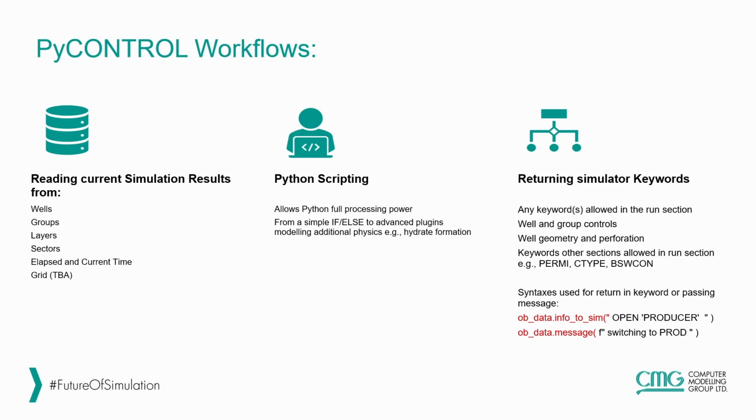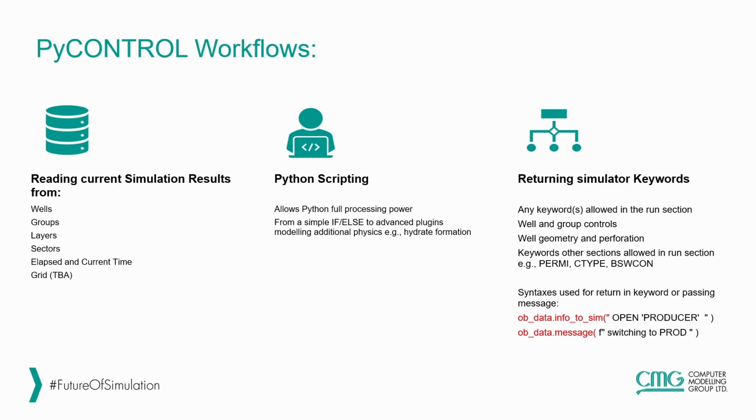After that processing, the code has to return some simulator keywords. Depending on which simulator you use, there's a list of accepted keywords in the recurrent section. Obviously, any keyword that's in the recurrent section can be returned.